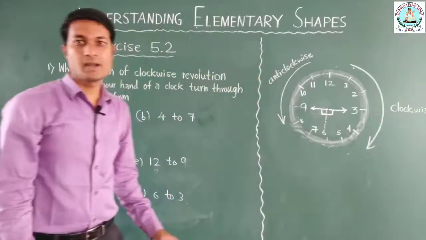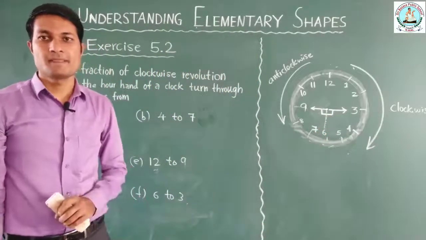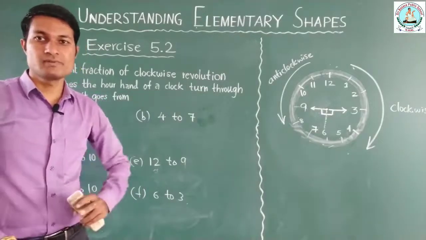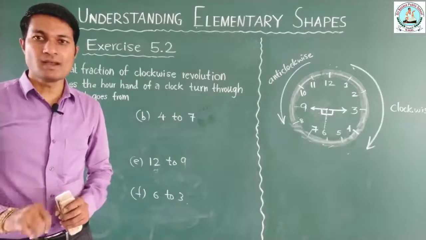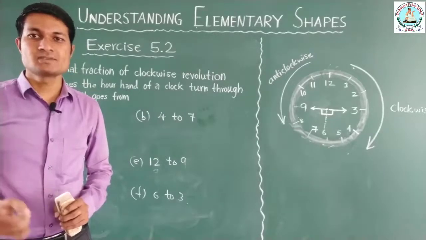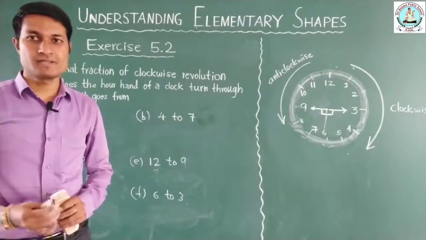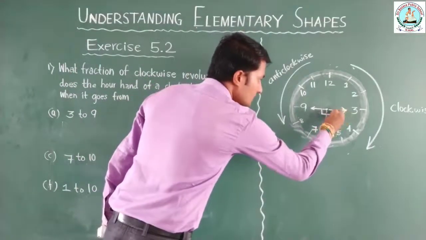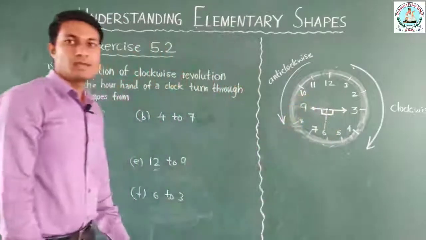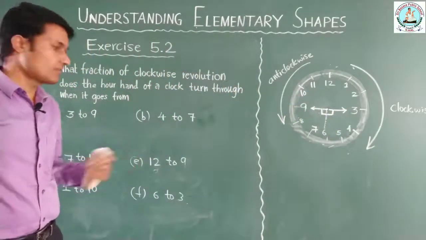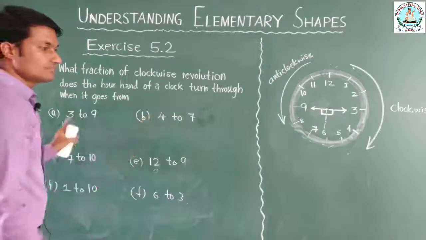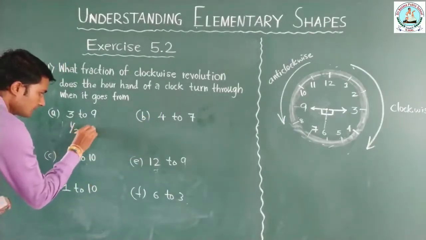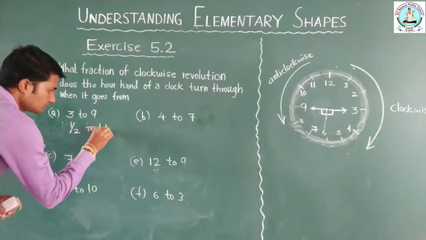So 2 right angles means 180 degrees. So 180 degrees means it is half of the revolution. The total revolution is 360 degrees, and 180 degrees is half of 360. So if the hour hand moves from 3 to 9, it will cover half of the revolution.